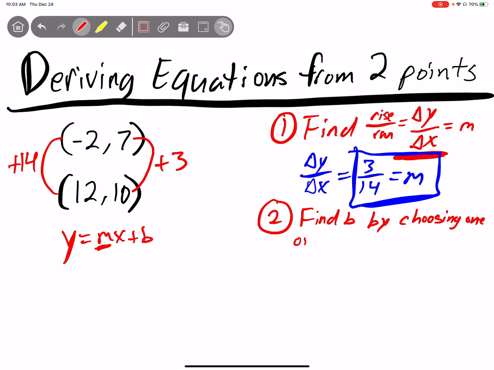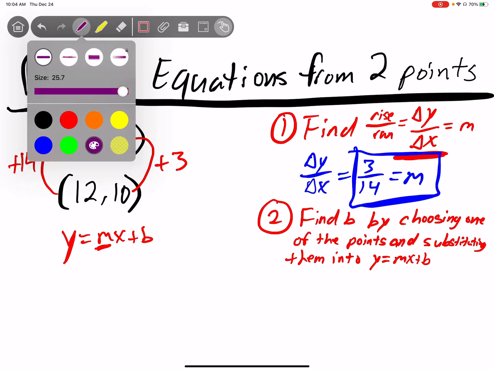We're going to choose one of the points and substituting them or plugging them in into y equals mx plus b. Now, does it matter which point we choose? Absolutely not. So we're going to do this now. We've got some fun numbers to work with.